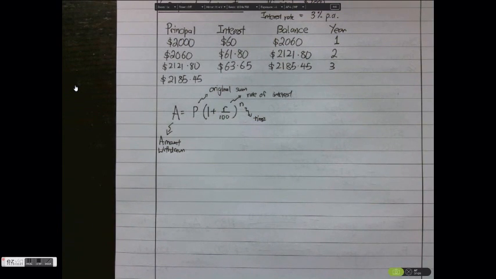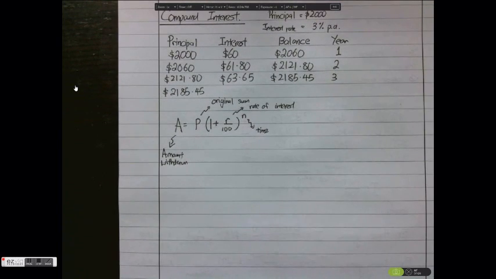How does this formula differ? Notice for simple interest, the formula gives you the interest, but for compound interest, it gives you the amount withdrawn itself.